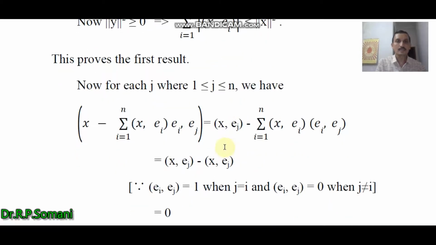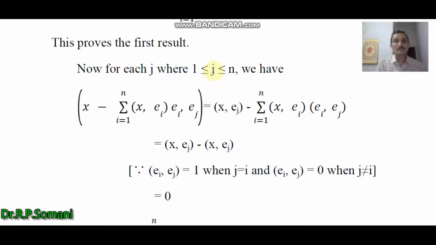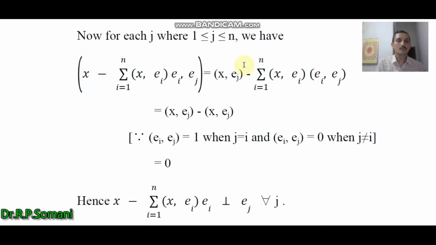Now for the second result, for each j, where j is varying from 1 to n, we have (x minus summation, i varying from 1 to n, of (x, ei) ei, ej), and expanding this, we obtain (x, ej) minus summation, i varying from 1 to n, of (x, ei)(ei, ej). As above, the inner product (ei, ej) is 1 when j equals i and 0 when j is not equal to i.